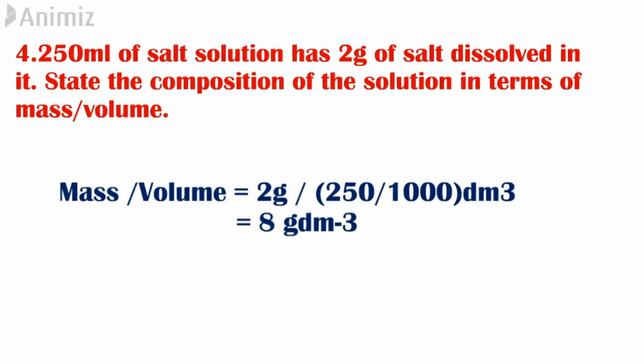One thing that you should consider is the units. So 250 ml they have given, you have to convert that into decimeter cube. So you should divide 250 by 1000. Then the answer will be 8 gram per decimeter cube.